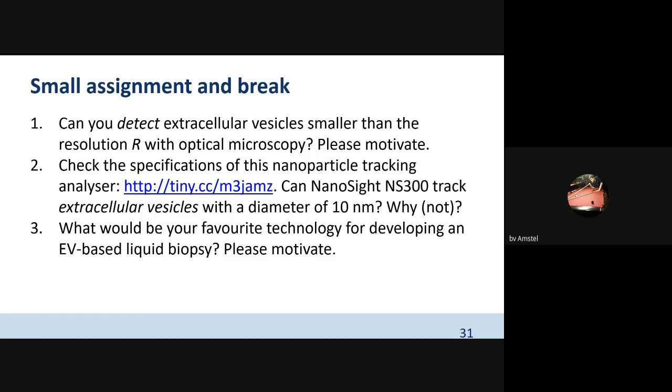Yeah, you should be able to. The specs on the site say that it's usable for all types of nanoparticles from 0.01 to 1 micrometer, and 10 nanometers is 0.01 micrometer, so it's just about right.